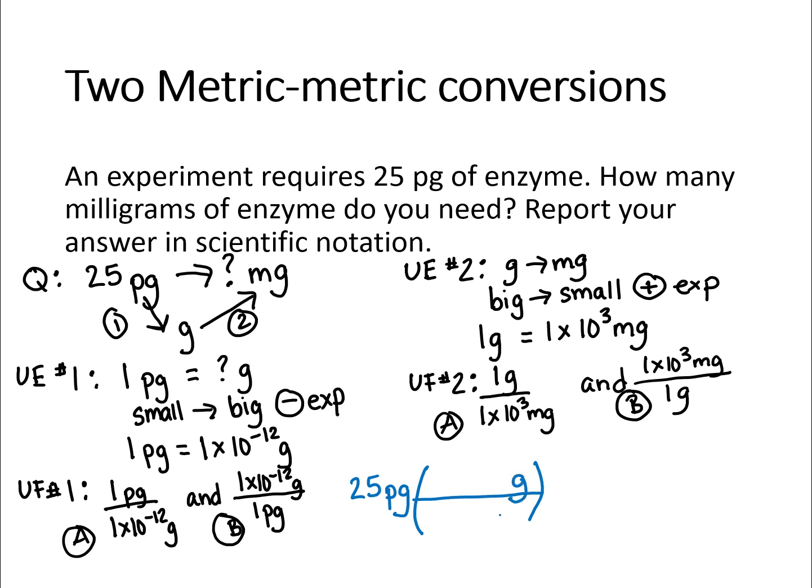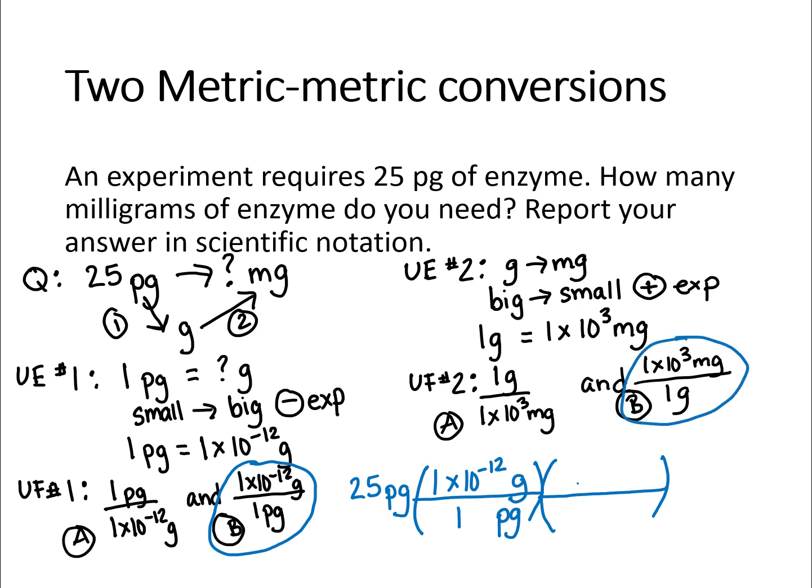We need to get rid of the picograms, so they have to go on the bottom. Now, we need to get rid of grams and be left with milligrams. So we're going to, again, go with the second one.